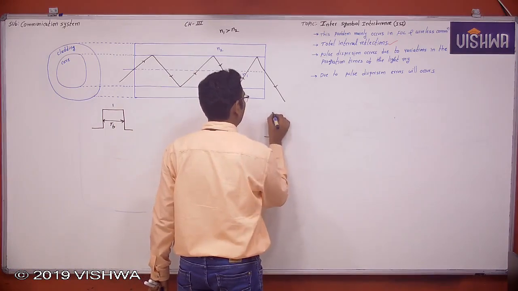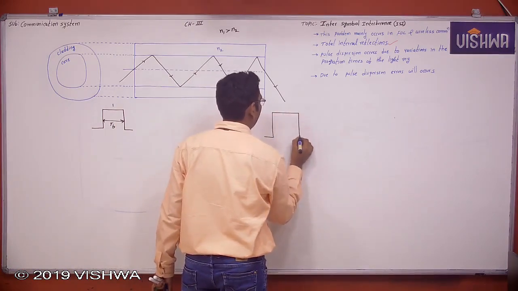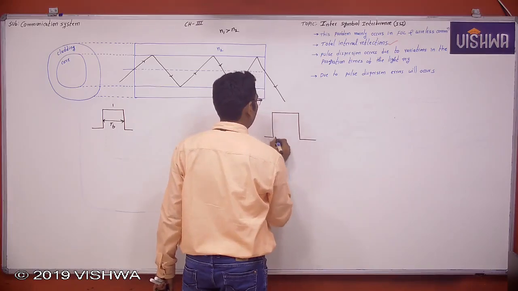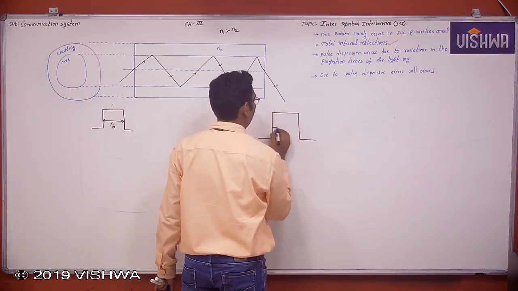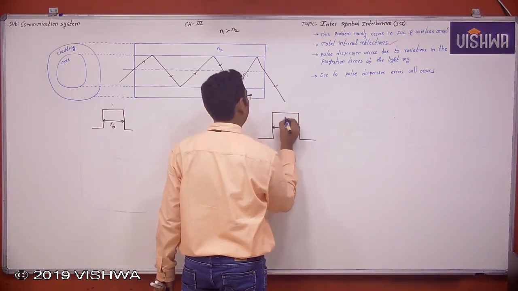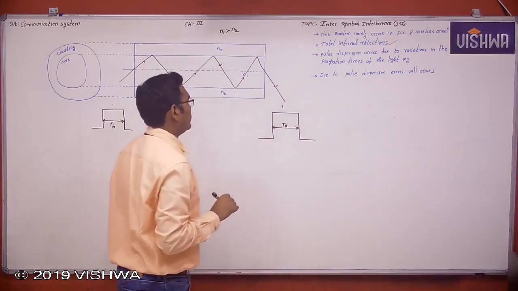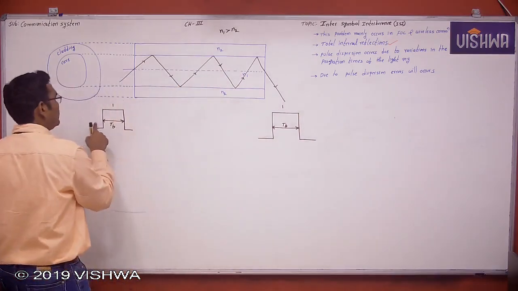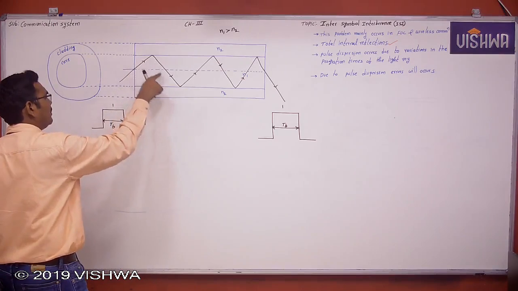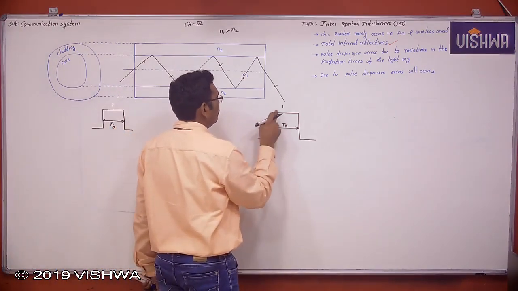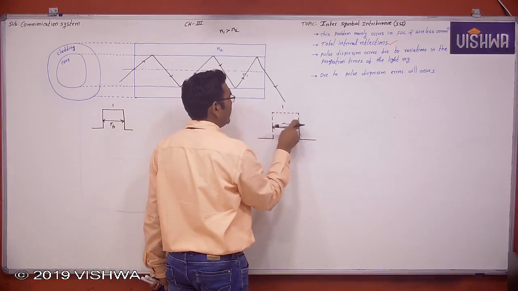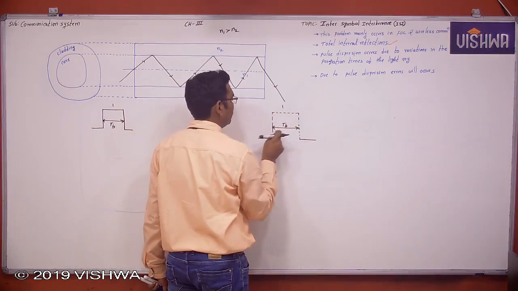Within this particular duration you can get the same bit binary 1. But here these electrical pulses are transmitted in the form of light rays. Now the information is transmitted in the form of light.